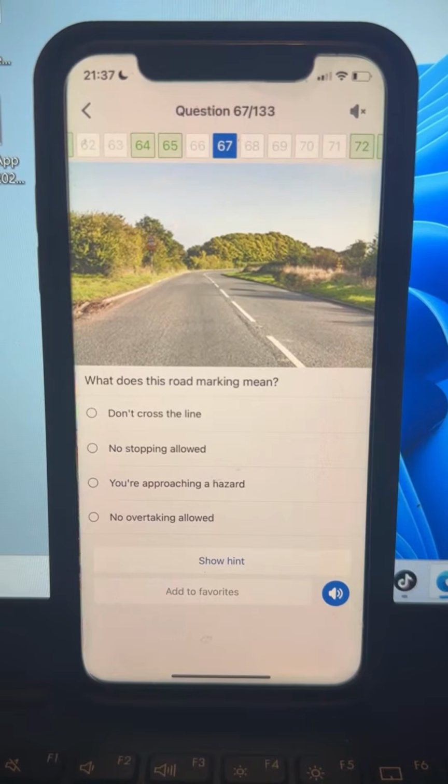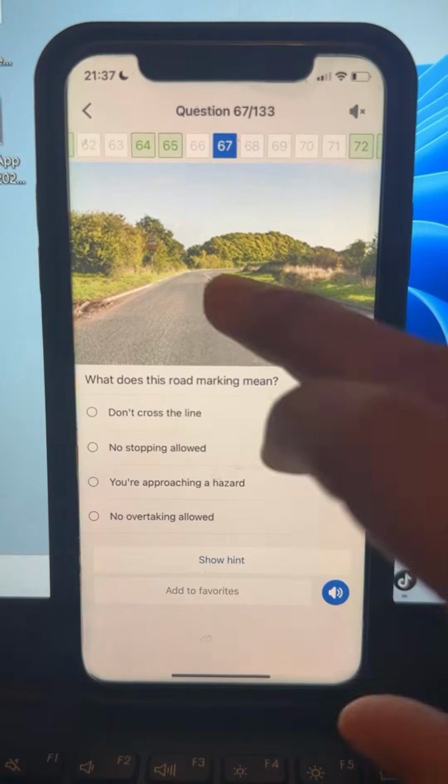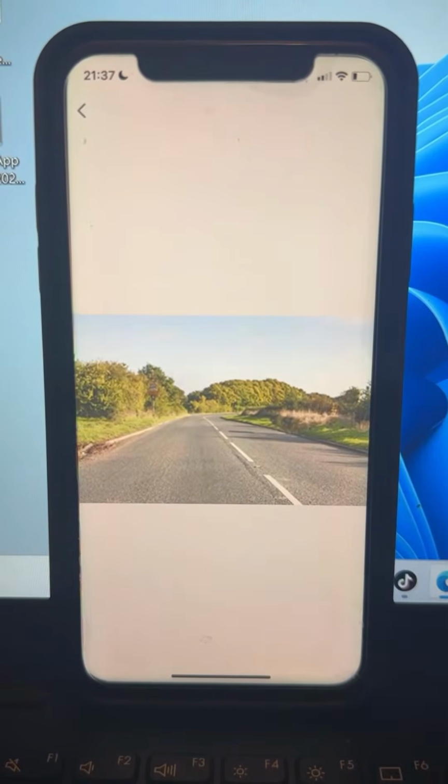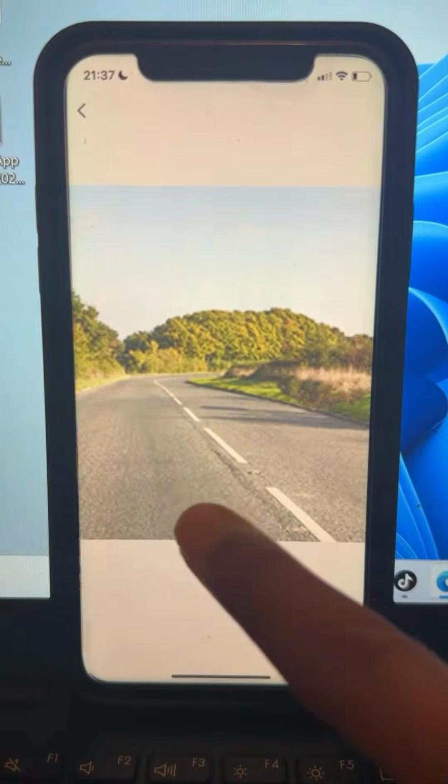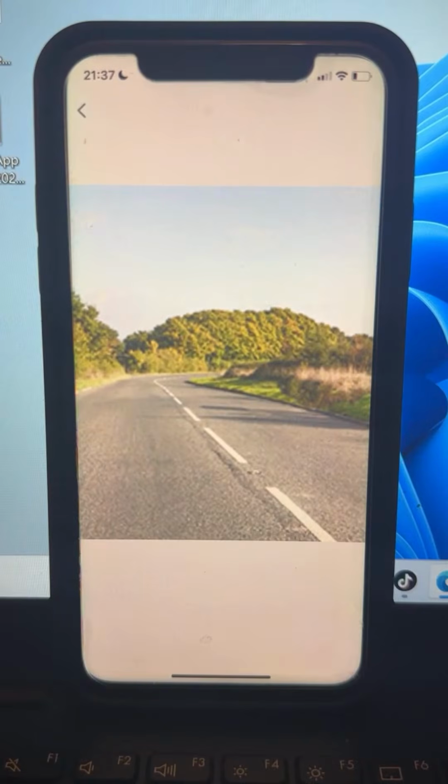No footpaths? There is no T-junction here. The bend is the hazard here. If you zoom in on the picture, the road is bending to the right.